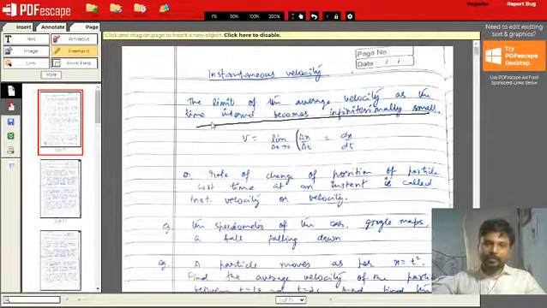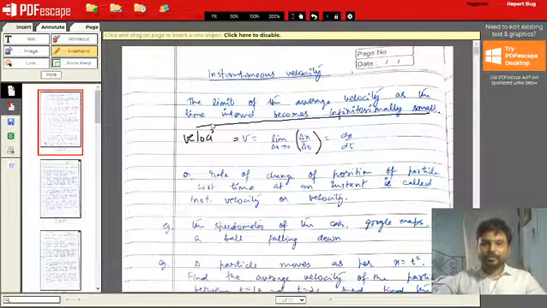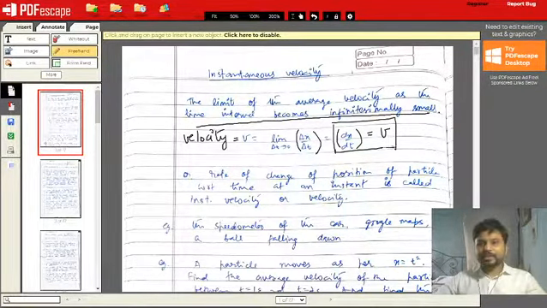So this is average velocity, and as the time interval becomes very, very small, it becomes instantaneous velocity, or the velocity. And as we said, delta x upon delta t is written as dx by dt. So velocity can be symbolized as dx by dt.